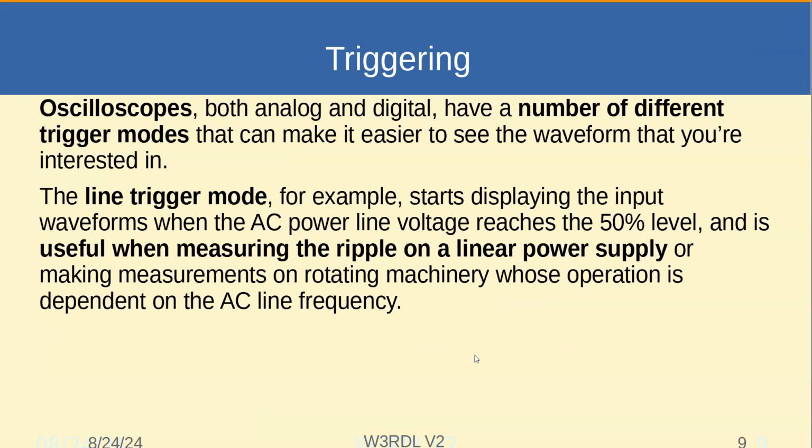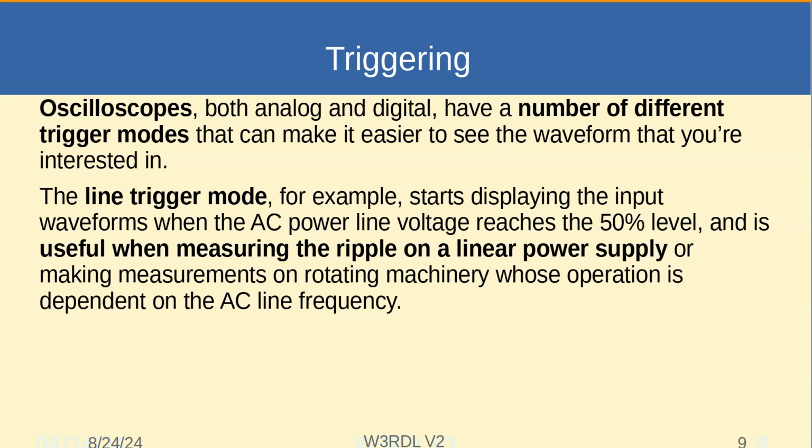Whether it's an analog or a digital oscilloscope, it has what's called a trigger function, which determines when it tries to sample the input signal so that you can have a stable signal representation. If it's not triggered where it can synchronize it, you'll just see a moving waveform.